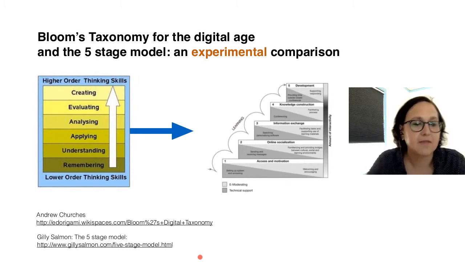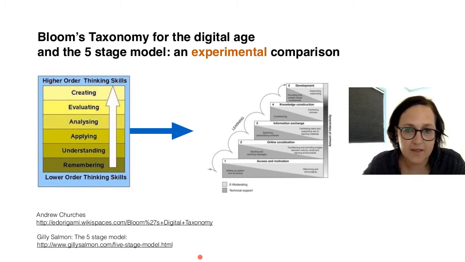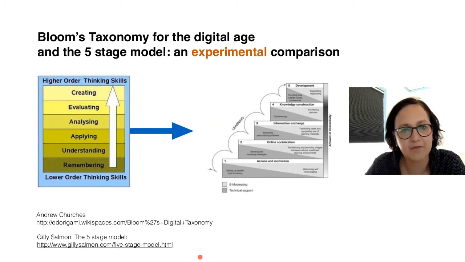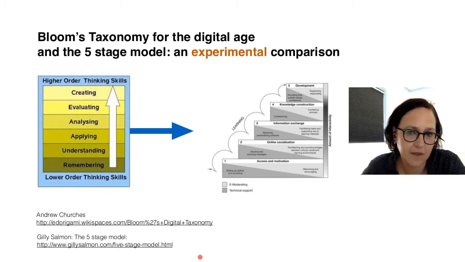What's really an experimental idea of mine is, how could we also compare this? Because I realized that when I design modules for e-learning, I often consult Salmon and Churches, and I do this for different reasons. But in a way, we also have those layers. That's a thing in common. And the complexity is increasing. Both models have that quality.